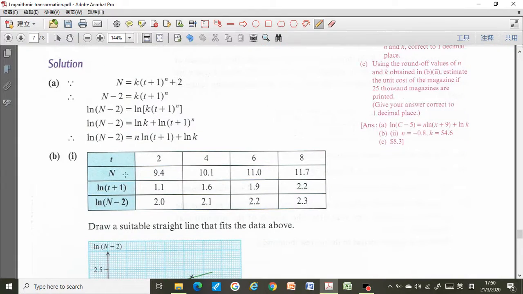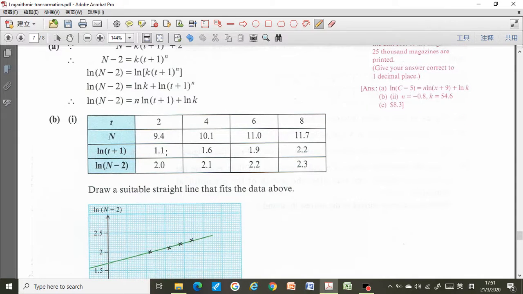In order to get this, you first must get t plus 1. When t equals 2, it is 3, and then taking logarithm, you get 1.1. You must write down this table in order to plot the graph clearly. Similarly, for the N, you minus 2 first, and then take logarithm, and you will get the numbers here.